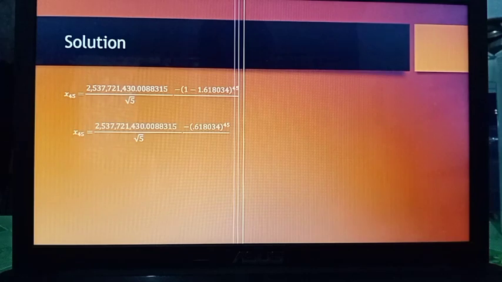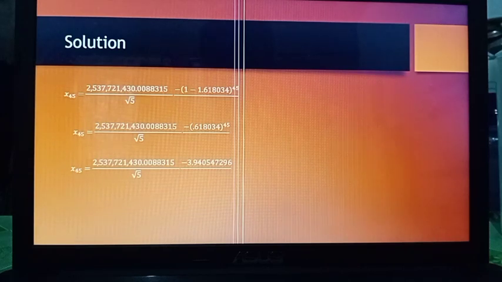Next, substitute 2,537,721,430.0088315. Following PEMDAS, let's subtract 1 minus 1.618034, which will be 0.618034 raised to 45, then divide by the square root of 5.